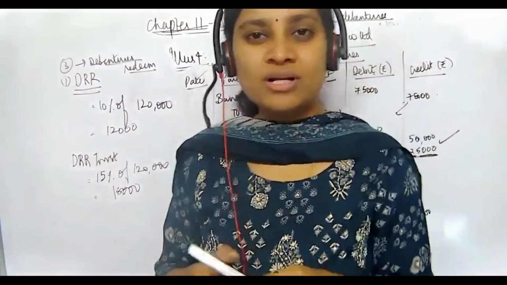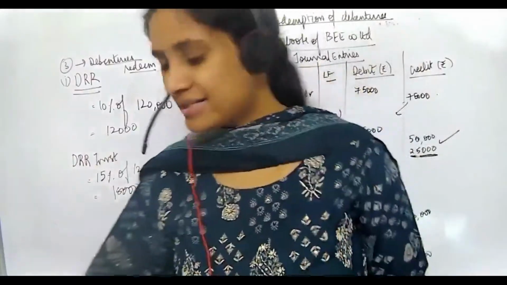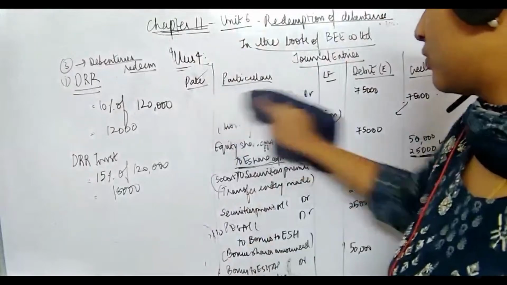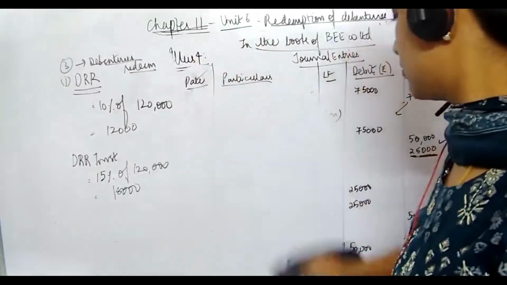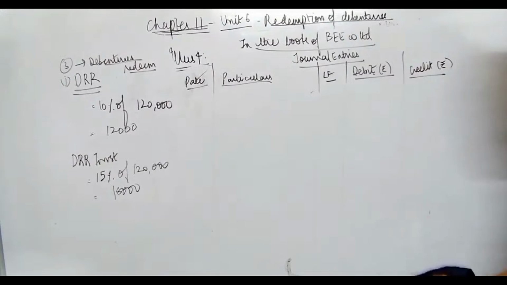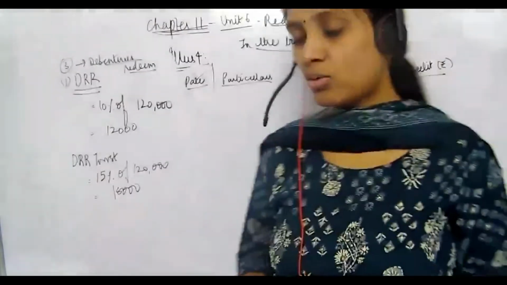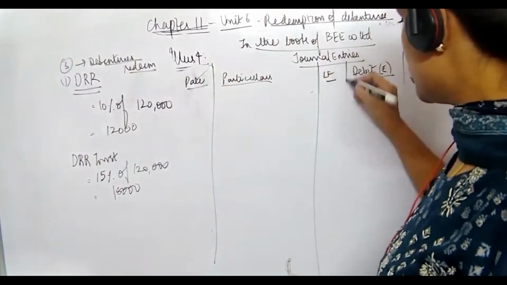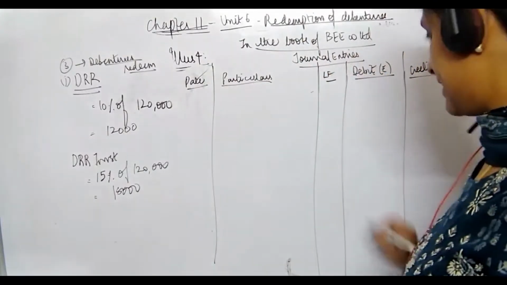Can you tell me what the entries are? Simple entries. Only two entries are there. So the first point that you people have to remember, a DRR or debenture redemption reserve will be created out of the general reserve. But if you don't have general reserve, you will create it out of the P&L. That's all.